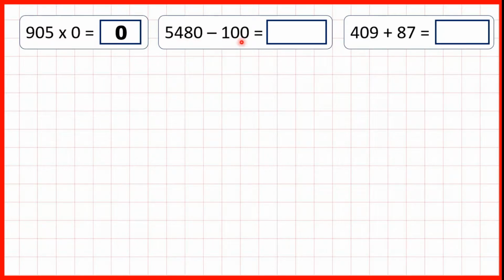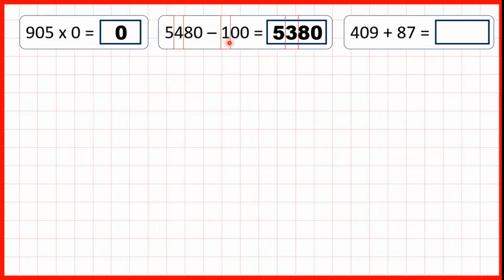5,480 minus 100. Our answer is 5,380. That's because we start with 4 hundreds, we're taking 100 away, so in our answer we have 3 hundreds, but all our other digits stay the same.